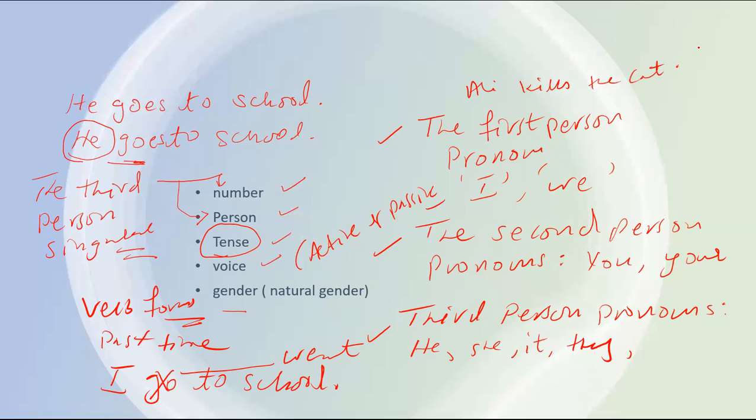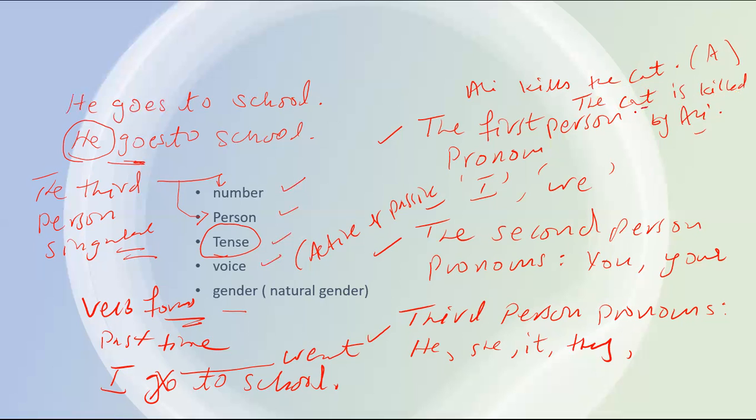And we use passive voice when our focus is on the receiver of the action. So the cat is killed by Ali.